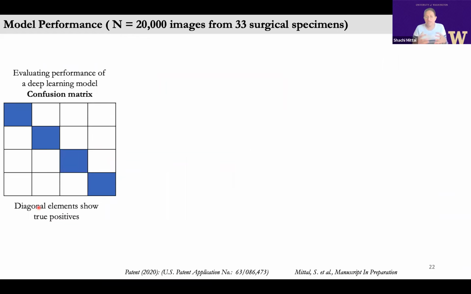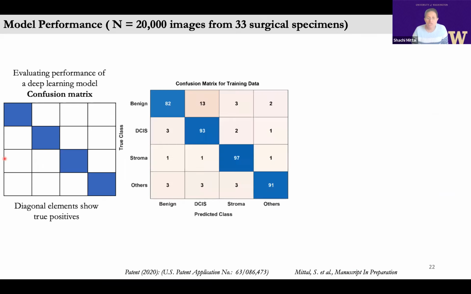So a confusion matrix basically gives us an assessment of the extent of confusion between the classes. So the main diagonal numbers are the true positives, and the off diagonal numbers are the pairwise confusion. Okay. So here is the confusion matrix for our training or calibration data. And you can see that we had about 85% average accuracy across all our classes.